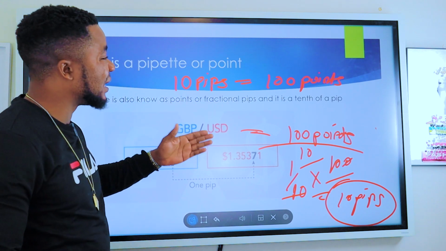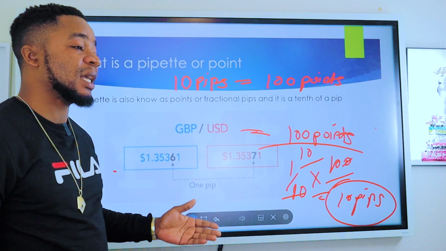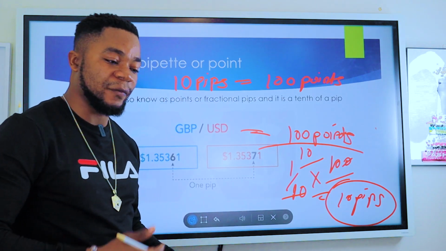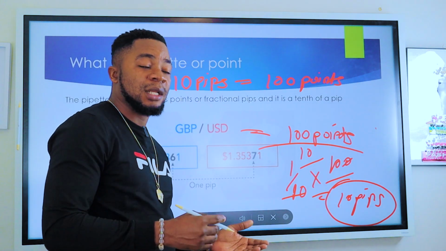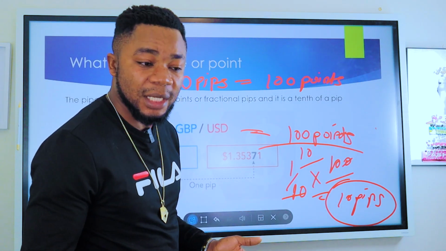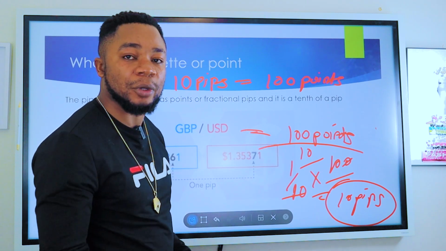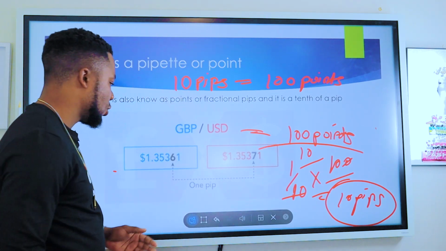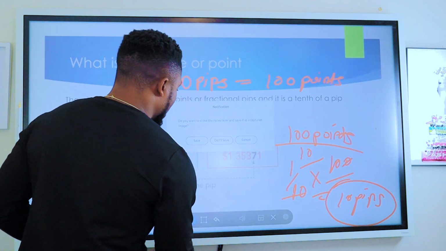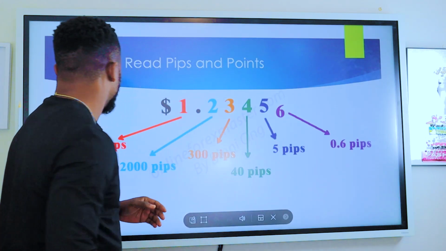It's the smallest increment in the Forex market, and it's a tenth of a pip. So if you made 100 pips today, it means you made 1,000 points, since a point is 1/10 of a pip.